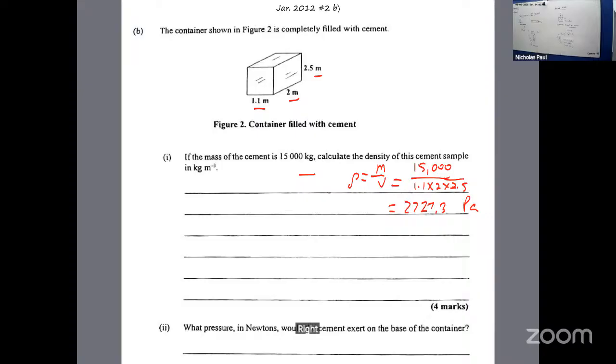Right, but that'll be the density of, I wrote it wrong, sorry. The actual density. And then they want to find the pressure exerted by B, so we know that pressure is force over area. So the force will be 15,000. Remember that's the mass multiplied by 10 all over the area. The area on the bottom is 1.1 by 2.